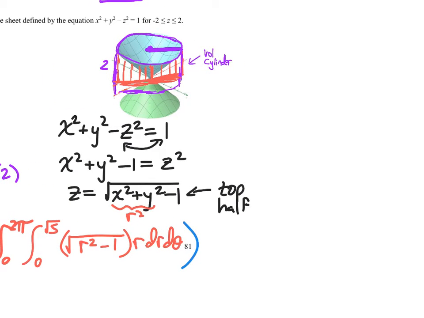I would want to know where this function exists on the xy plane. So I'm going to let 0 equal the square root of r squared minus 1. Square both sides.